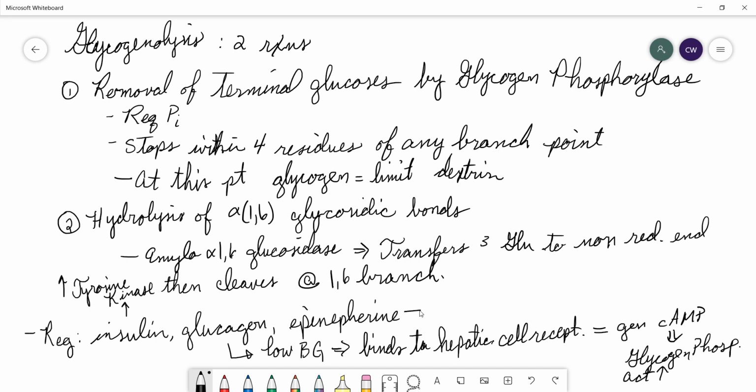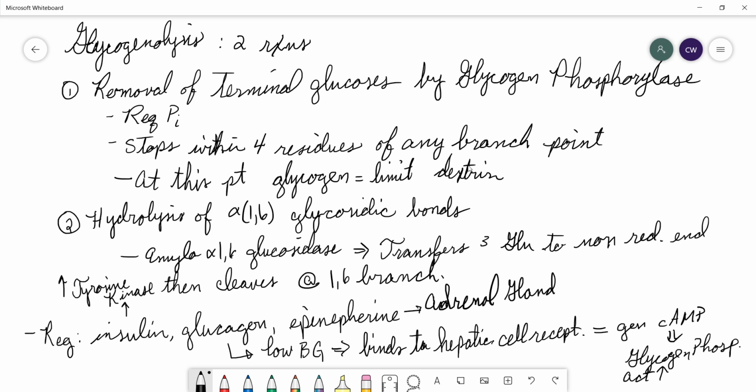Epinephrine comes from the adrenal gland, okay? That and adrenaline are our two major hormones that give us our classic flight or fight response, okay?